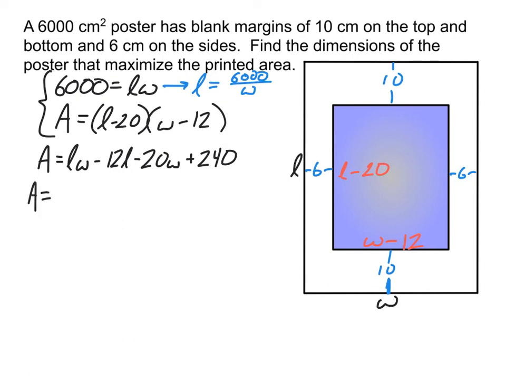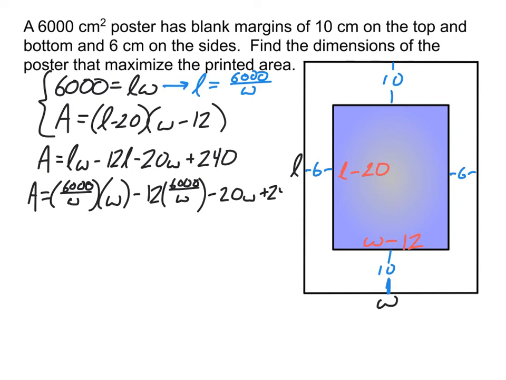So A equals 6,000 over W times W. This is already looking promising, because I know that's going to simplify quite a bit in a moment. Minus 12 times the L. And the 20W and the 240, those don't change.